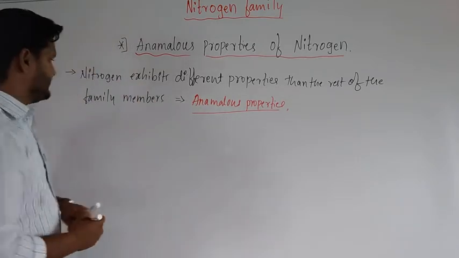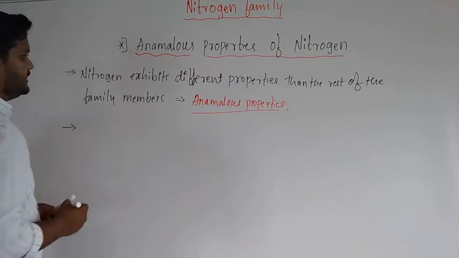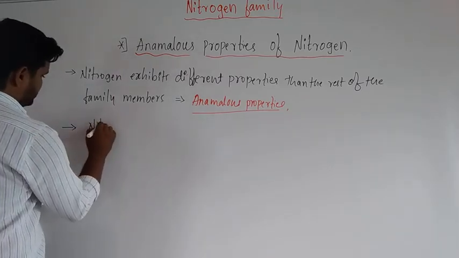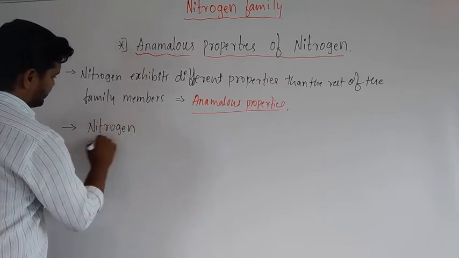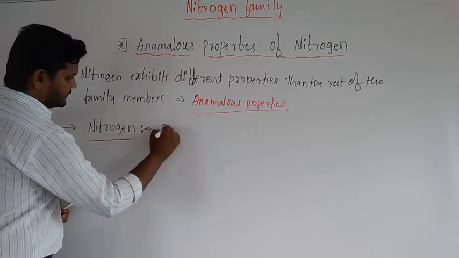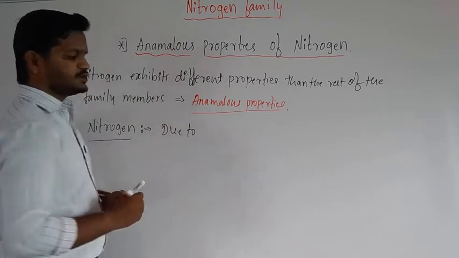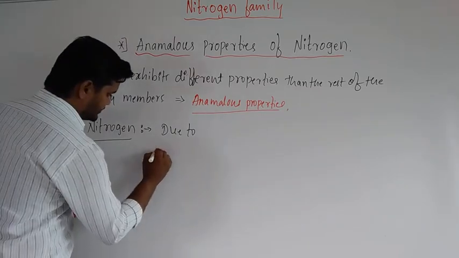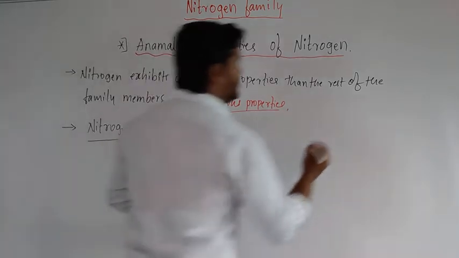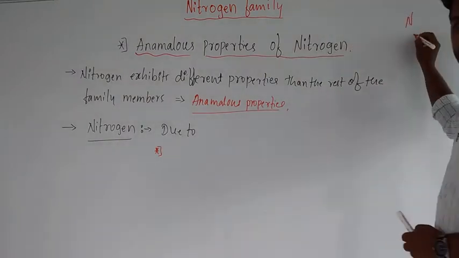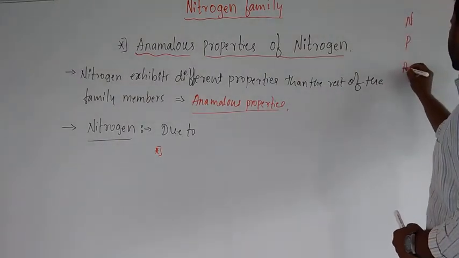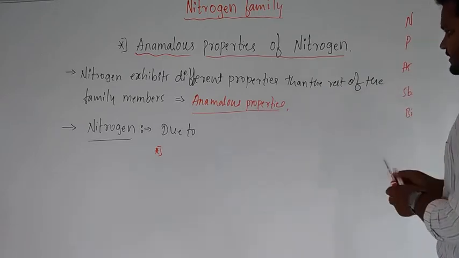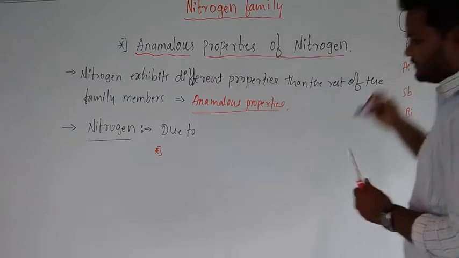Why? Because nitrogen has some reasons. Nitrogen exhibits different properties due to some reasons. In the group of nitrogen, phosphorus, arsenic, antimony, and bismuth, nitrogen shows the anomalous property.